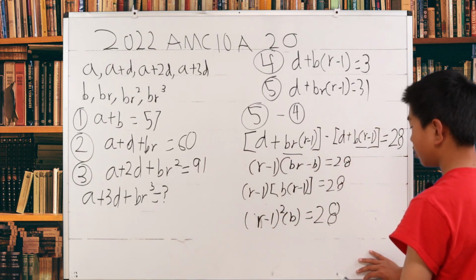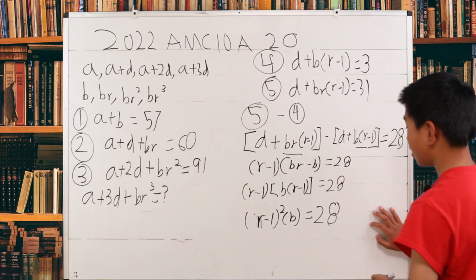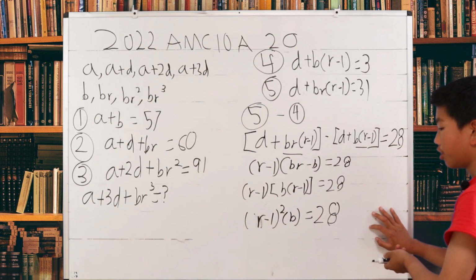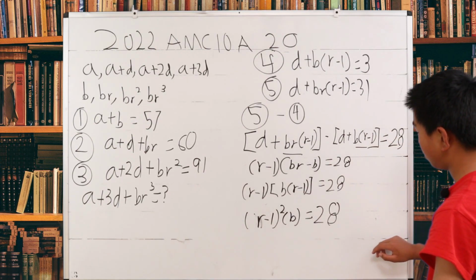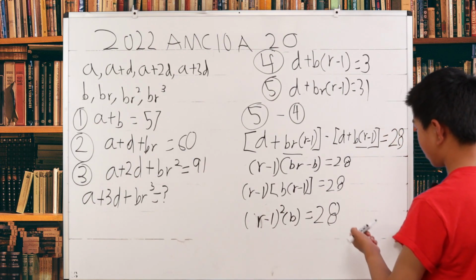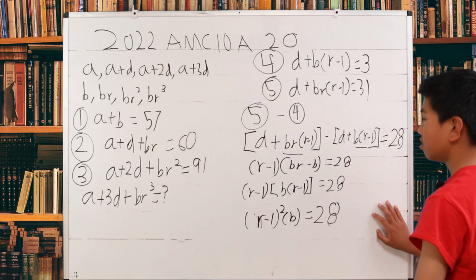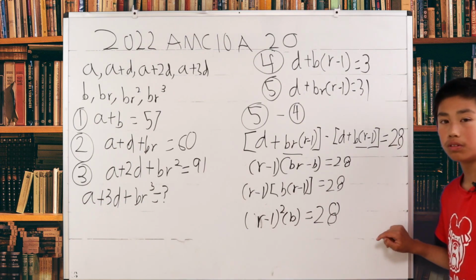Since we are already given that all numbers are integers, we can find all the possible ways 28 can be multiplied and plug it in and get our answer.